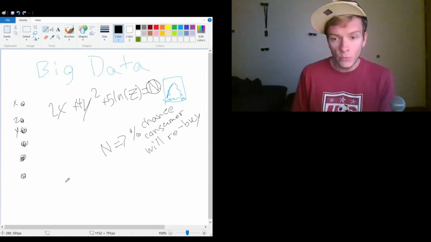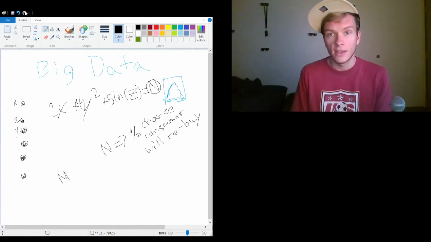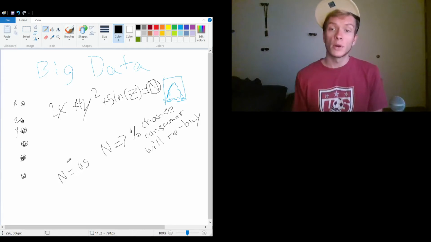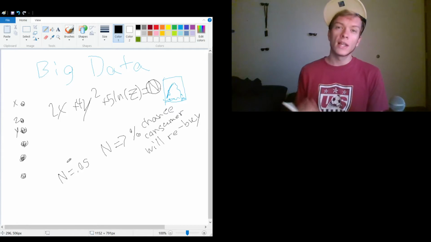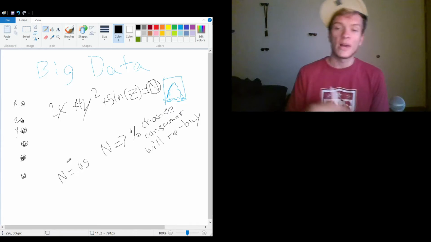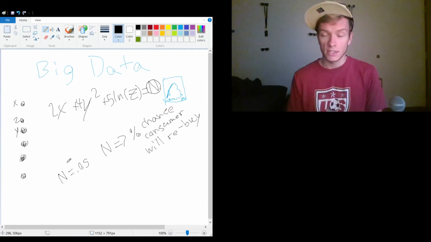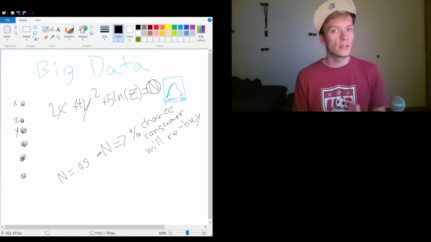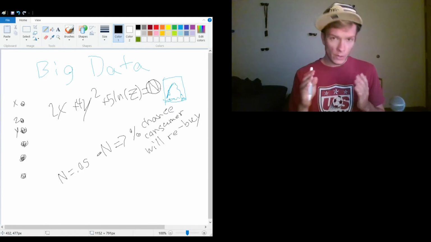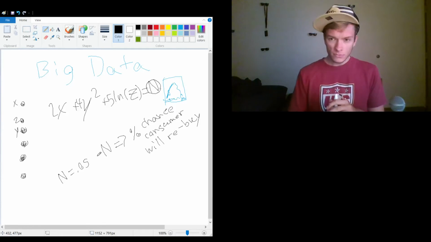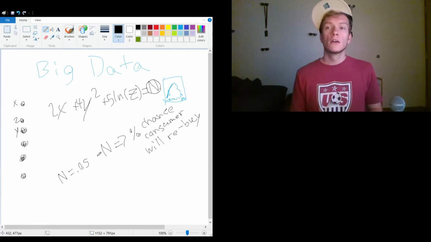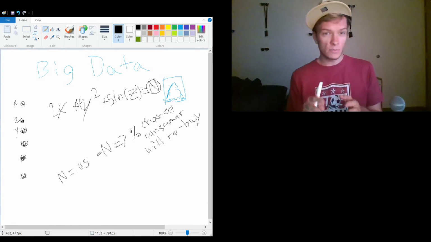So let's say we had an n of maybe 0.05. Now this means that a person is very unlikely to come back and buy another ticket. This is a 5% chance. So I mean, there is some chance that they will come back, but there is a very small chance. So it may be a good idea for the company to simply leave these people alone.